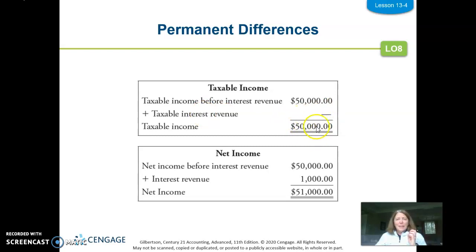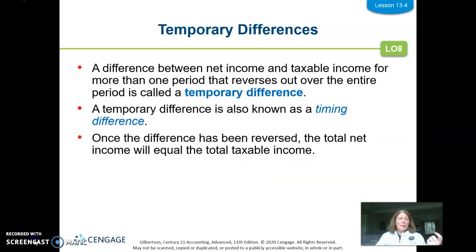So the ending taxable income is 50 grand. For net income purposes, we started at 50,000 just like there, but we do include the 1,000 we earned from a tax-exempt bond to get to $51,000. So our book income, our net income is going to be $51,000 that we report to shareholders. Our income for tax purposes that we report to the IRS is going to be 50 grand. So that takes care of permanent.